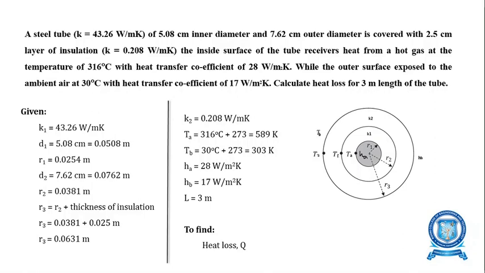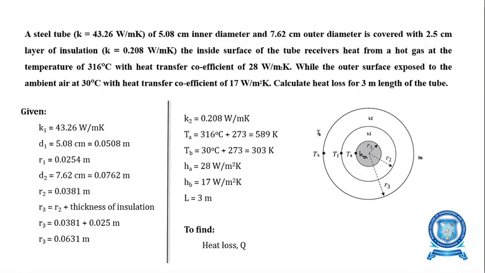The K value represents the thermal conductivity of the insulation material. It has been shown in the figure as K2. The radius is given as R3. As you know, R2 will be the outer radius of the steel pipe, and R3 the radius of the insulation.